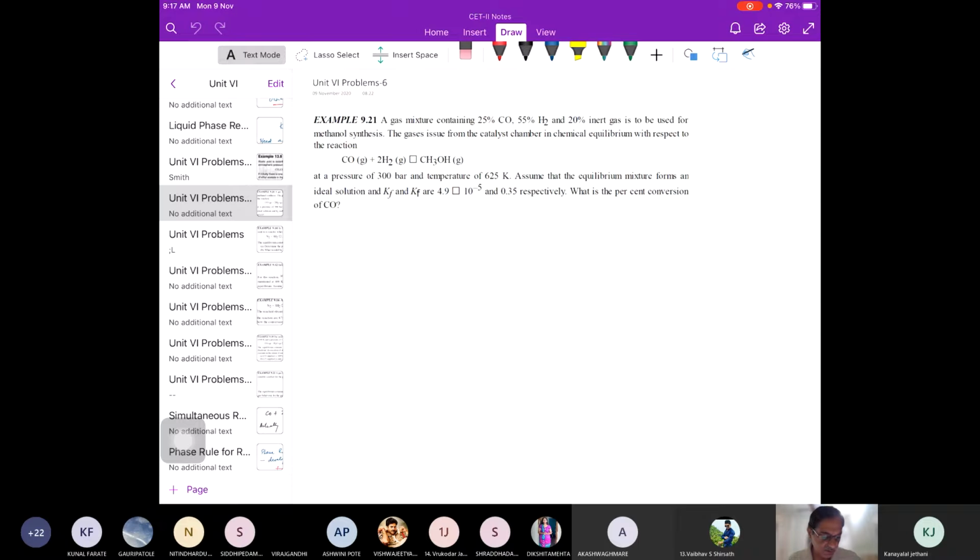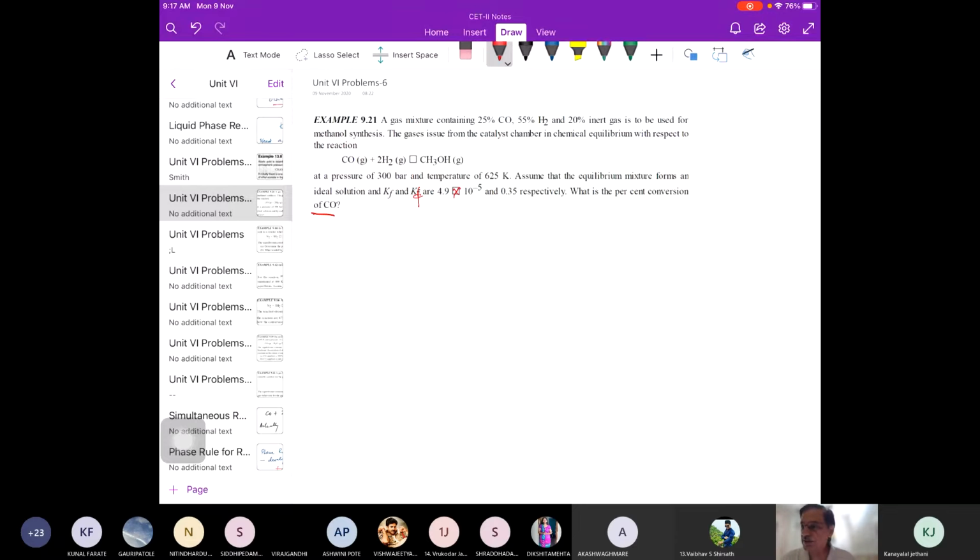Assume that the reaction mixture forms an ideal solution and Kf and K phi are 4.9 times 10 to the power of minus 5 and 0.35 respectively. What is the percent conversion of CO? Exactly similar.